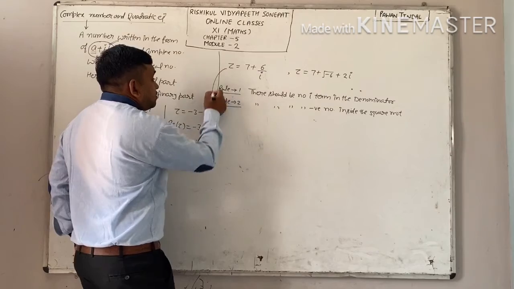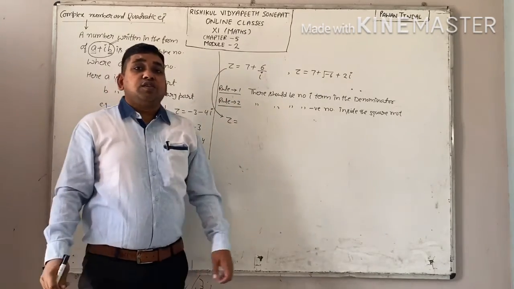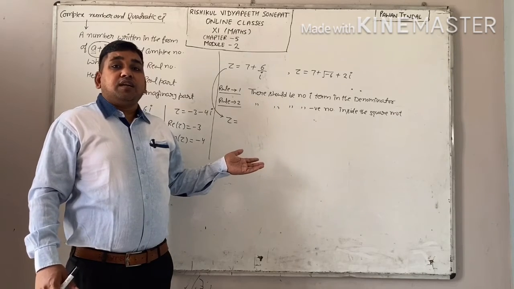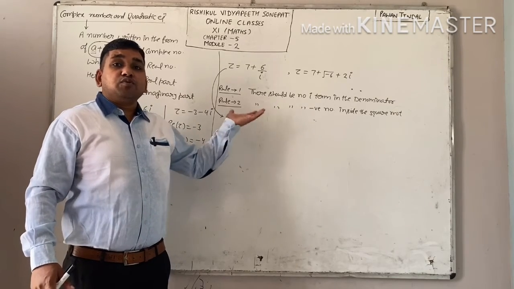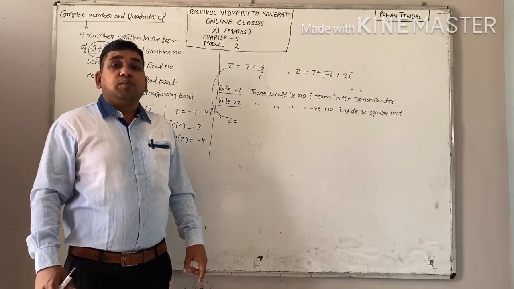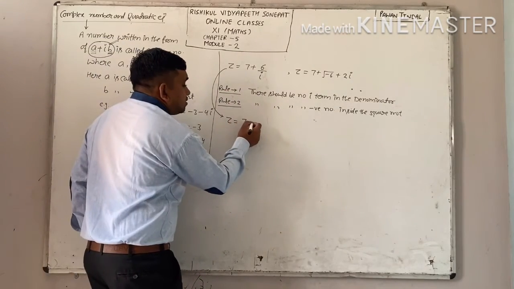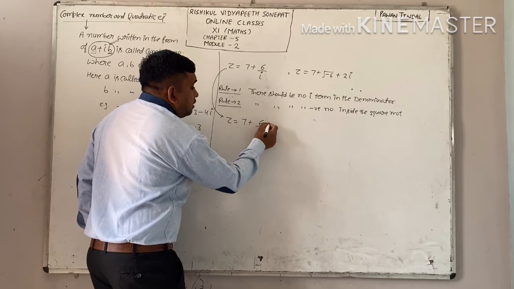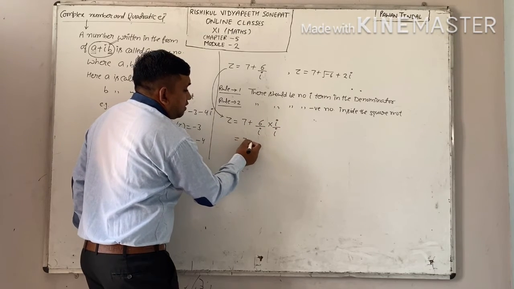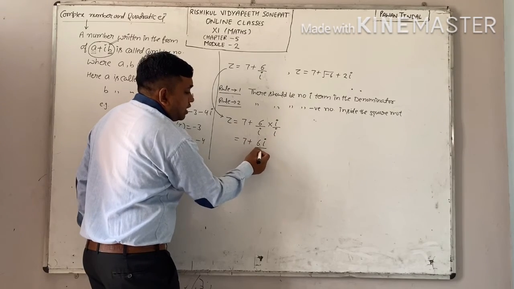Now see this. In your previous classes, you have studied when there is square root term in the denominator, you rationalize. Same procedure you will apply here. If there is any iota term in the denominator, you have to rationalize. Now rationalize. Multiply by iota and divide by iota. See what you will get. 7 plus 6 iota upon iota into iota, that is your iota square.